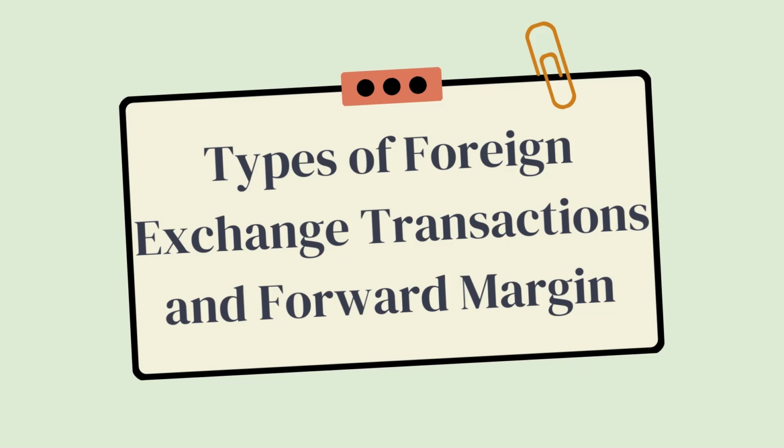Interest prevailing in the home country and interest prevailing in the foreign country. If there will be a variation in the interest, meaning the bank rate, automatically there will be the existence of forward margin. Now listen how.